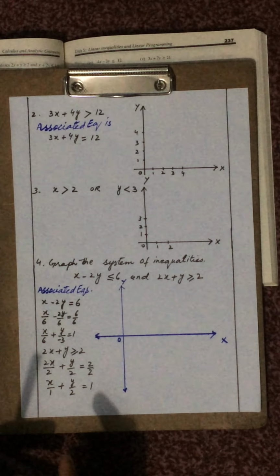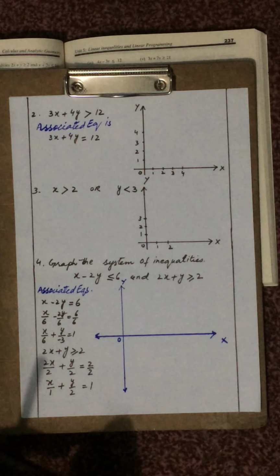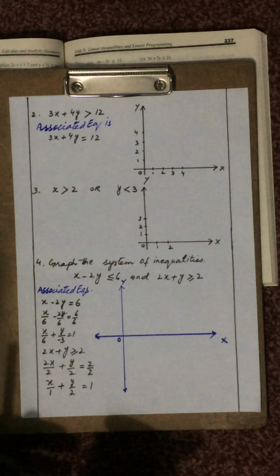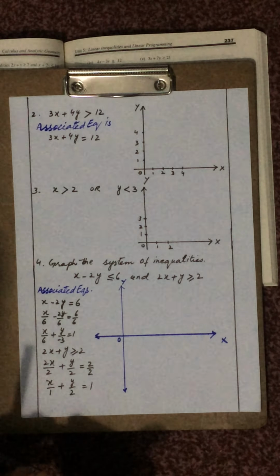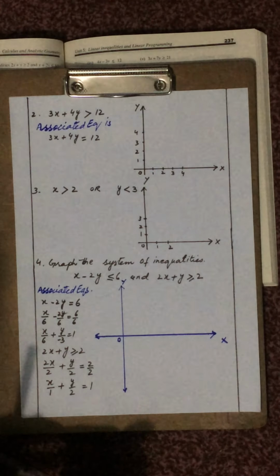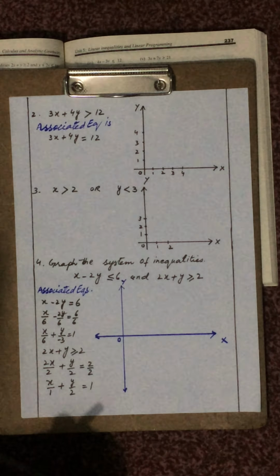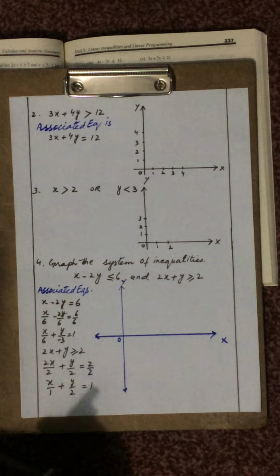Now a greater than sign occurs. When the greater than sign occurs, this is the same method we will follow. Take the associated equation 3x plus 4y equal to 12. Now first convert it into two-intercept form by dividing by 12 on both sides.